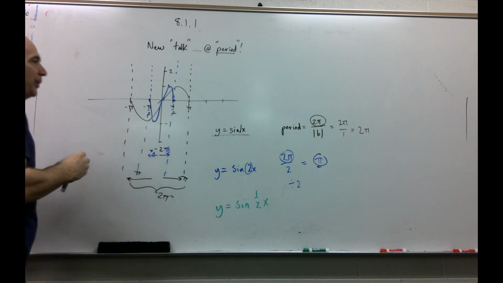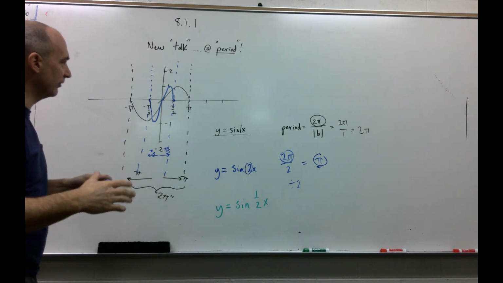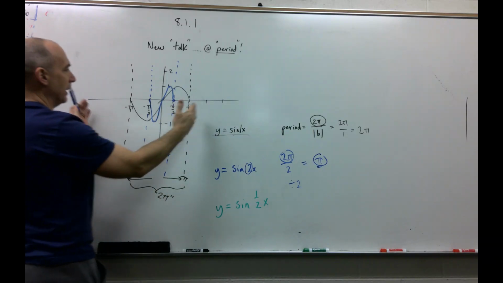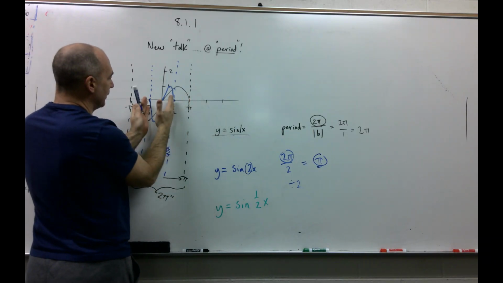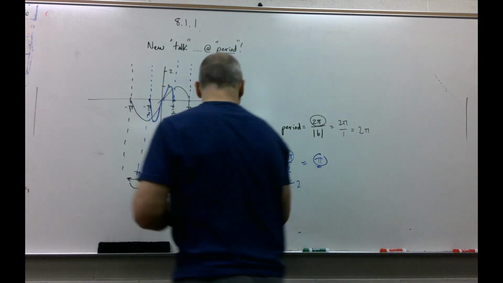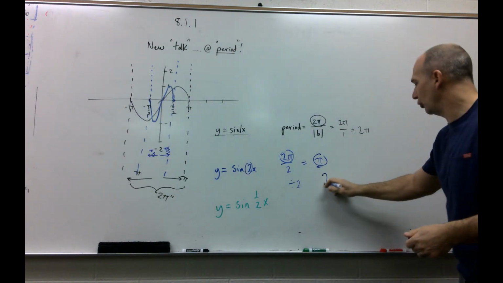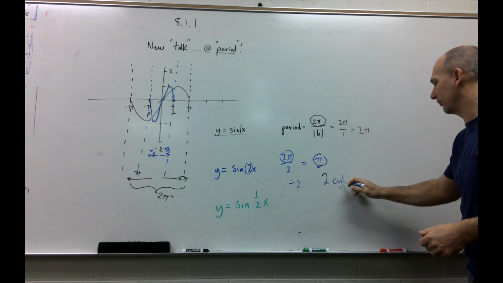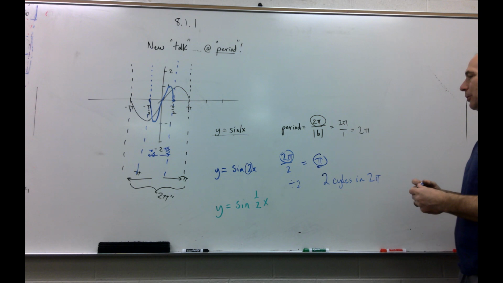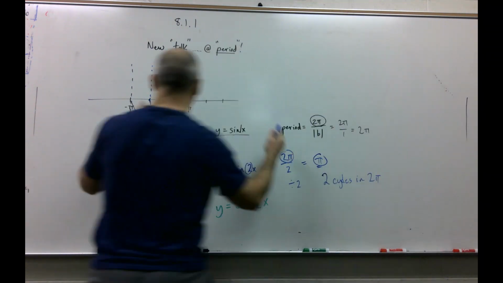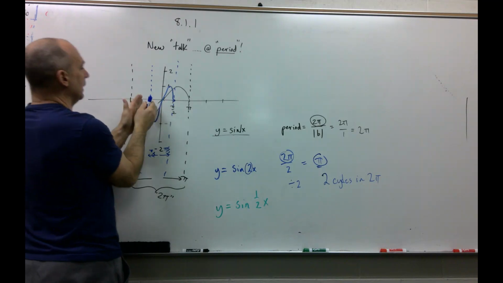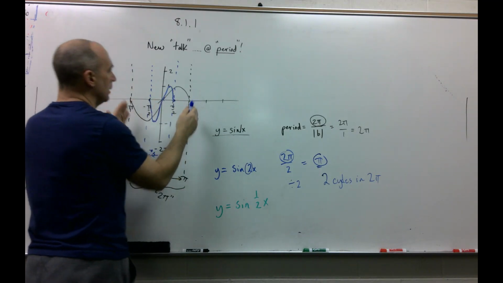Now, the thing I'm trying to say is, if we kept going, we have one cycle in half the time. So that means this blue function would have 2 cycles in 2 pi. Because the original period was cut in half, we could draw 2 of these in 2 pi now, because we cut it in half.